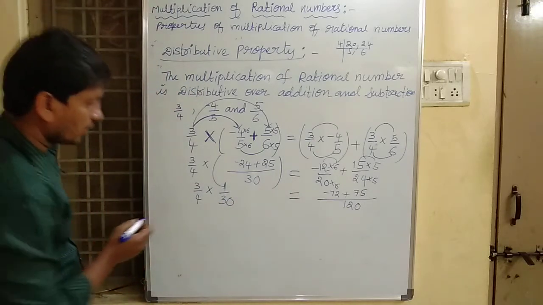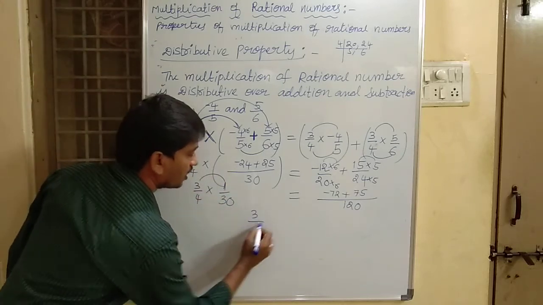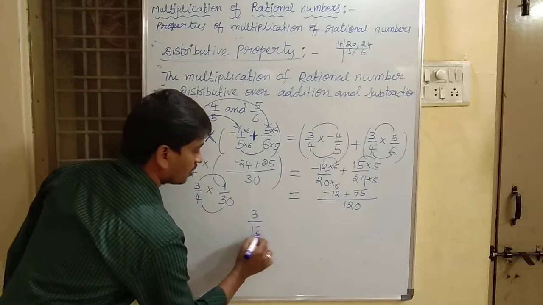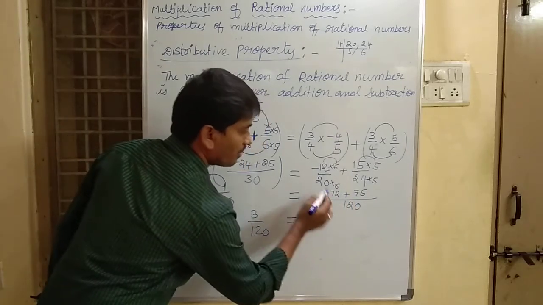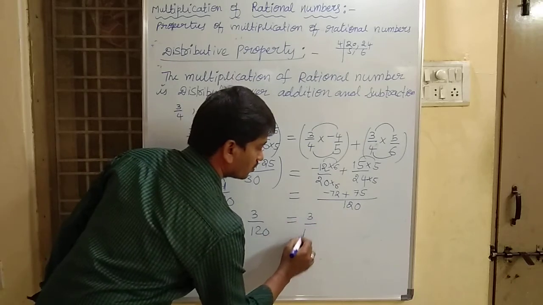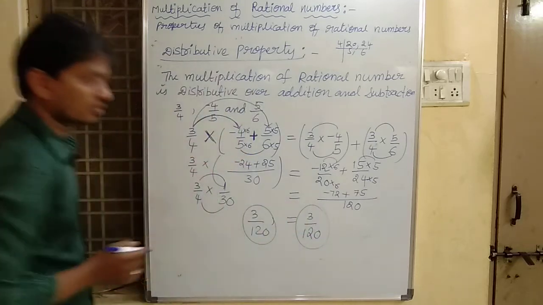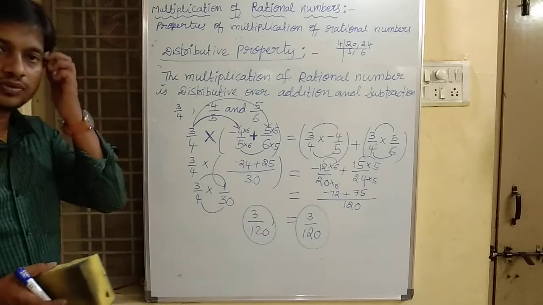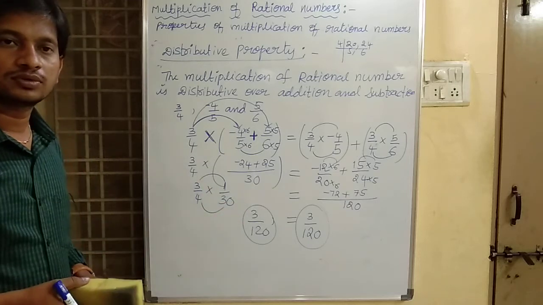So now multiplication of rational numbers: 3 into 1 is 3 by 4 into 30 is 120, equal to 75 minus 72, which is equal to 3 by 120. You observe now, both are equal. Both LHS and RHS are equal.